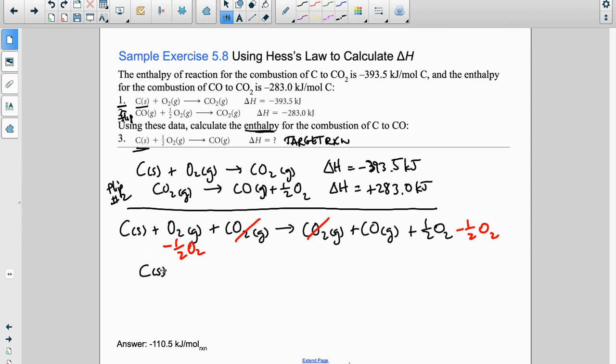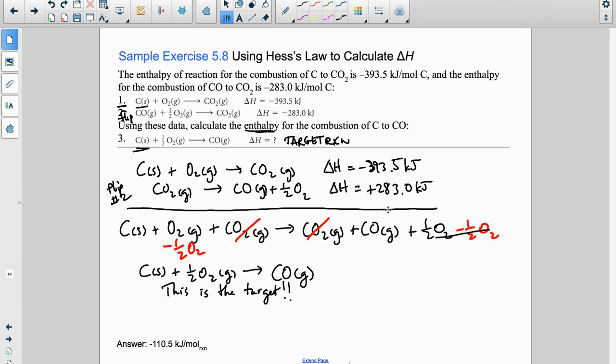C solid plus 1 O2 minus a half O2 gives a half O2. And this cancels out there, and yields carbon monoxide gas. And so you can see that this matches the target, right? This is the reaction we want. So you can see that if I add these 2 steps together, I get the target.